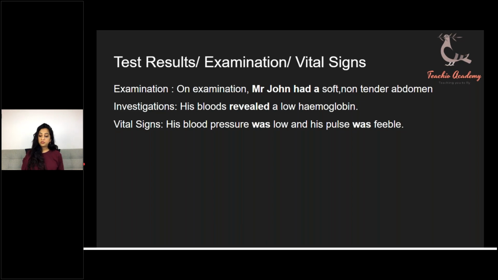When we're talking about test results, examination, and vital signs, now this is the most common mistake that students make on their OET writing. Guys, when we're talking about somebody's test results, the test results happened in the past.